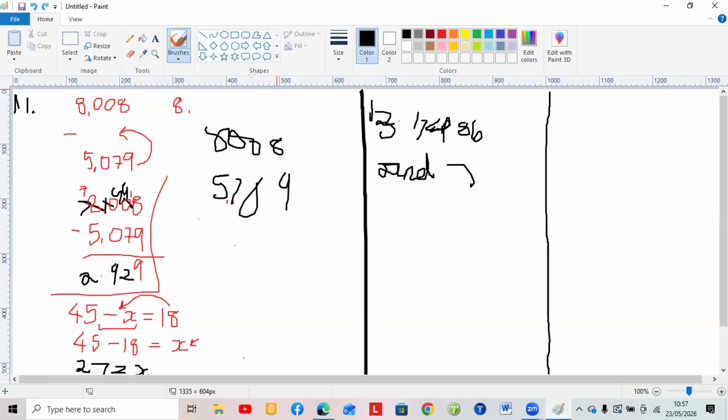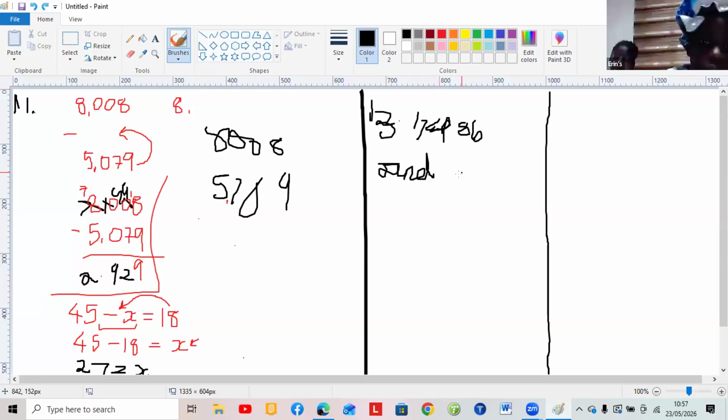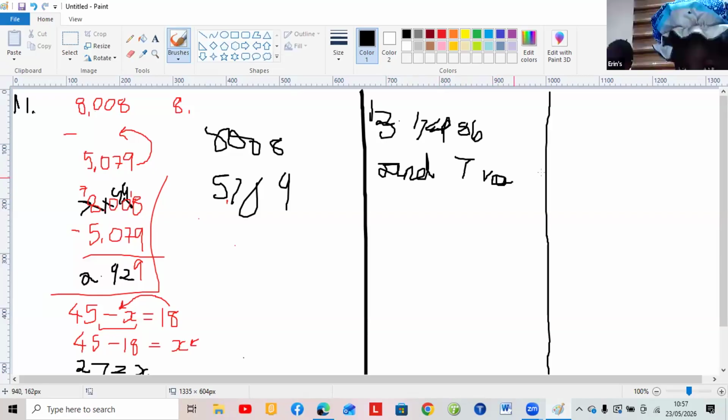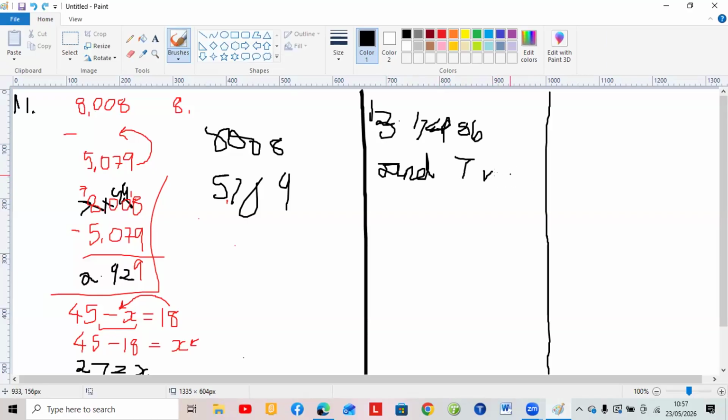What is the unit value of digit 7 in the number? I can't hear you, speak louder. They have written it on the screen, but I can't see it, so I'm depending on what the voice is saying.